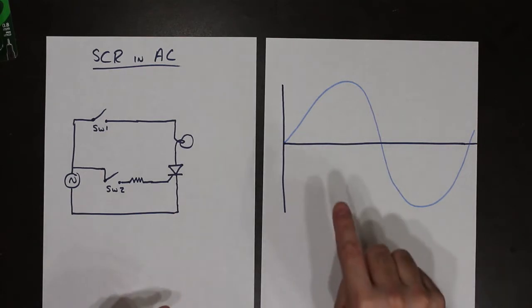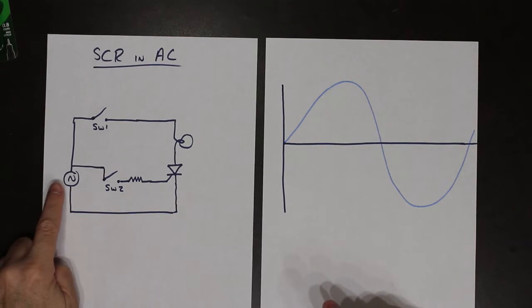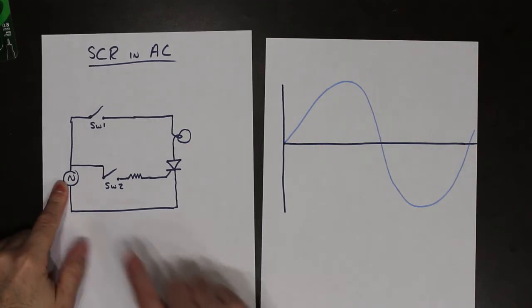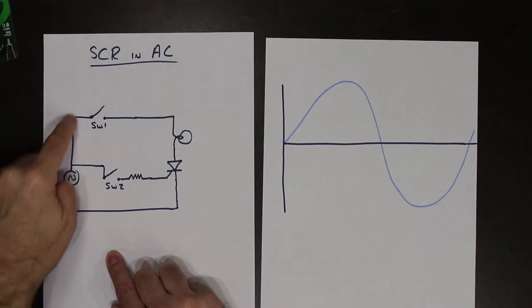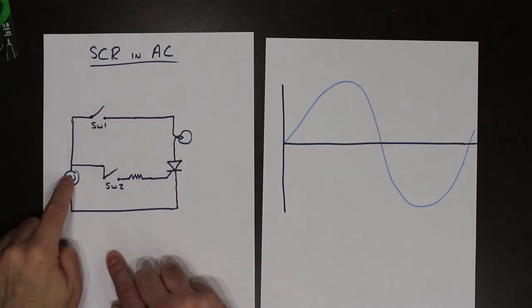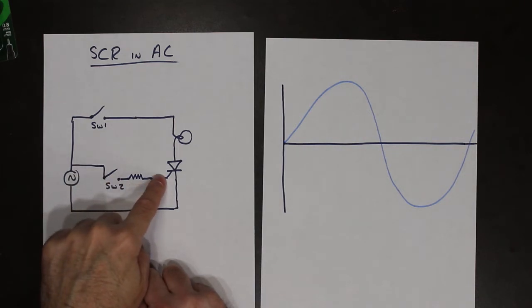Our AC supply is connected here in the circuit. It supplies electricity both to the load and to the gate trigger circuit.